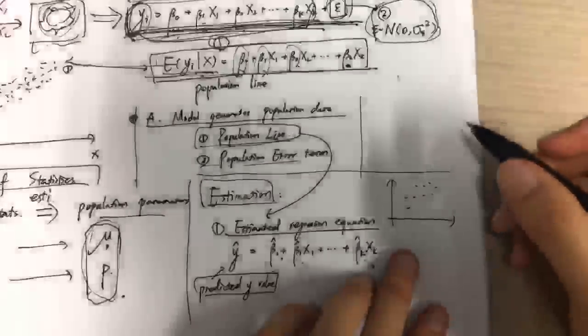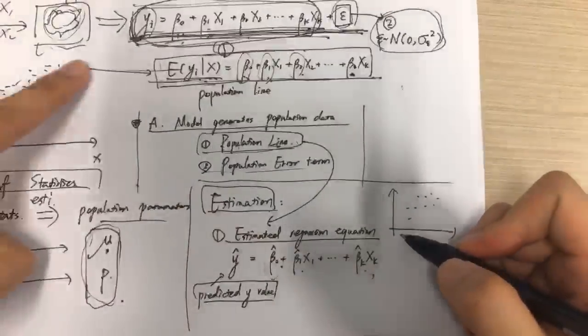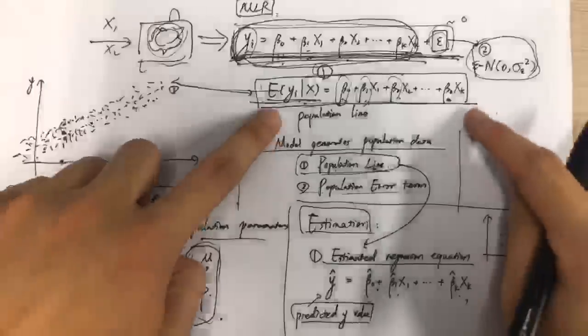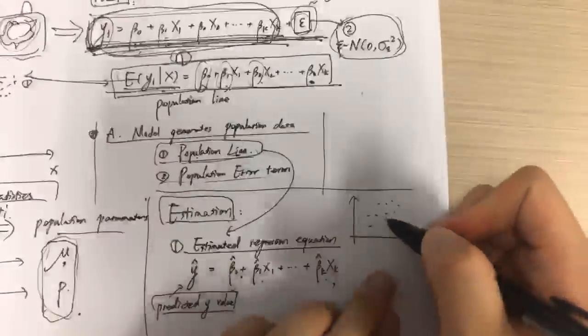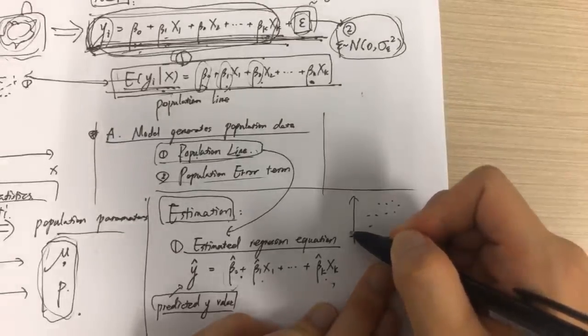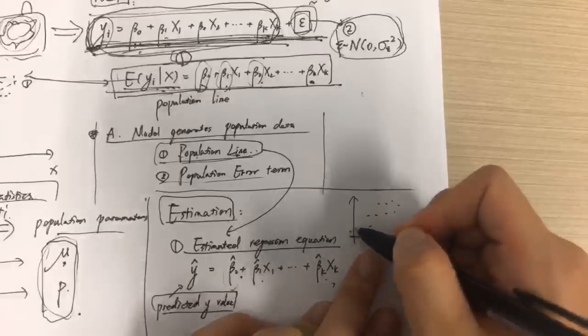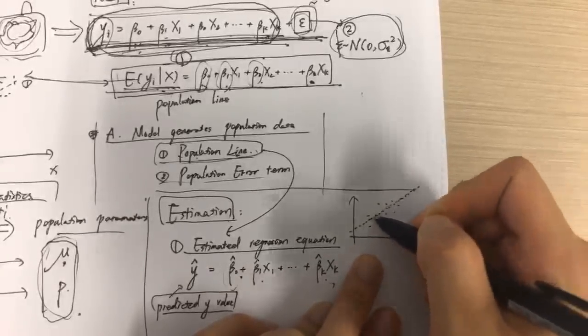And then the first thing we're going to estimate is a line, which stands for the population expectation line, right? So we are trying to use the least square method, which I believe the calculation is not required, to find out this regression line, okay?